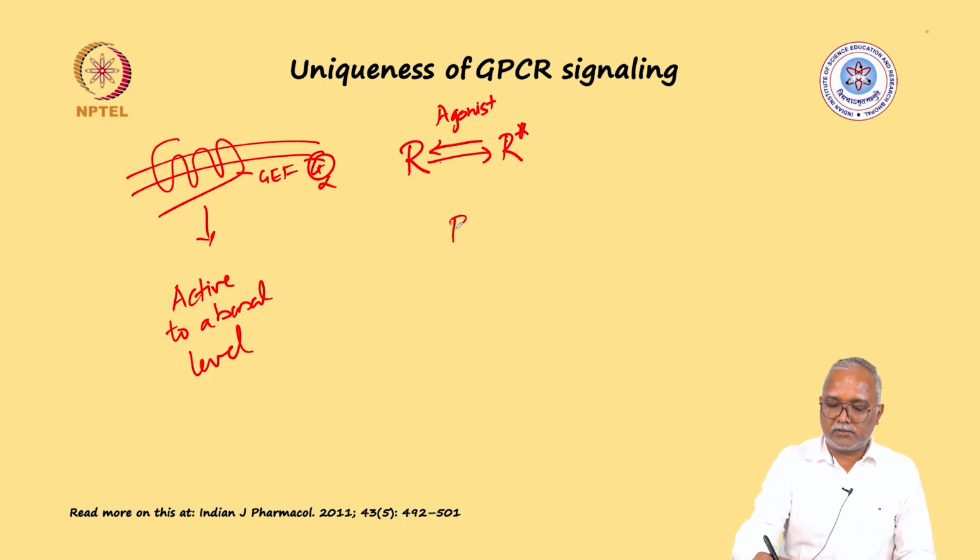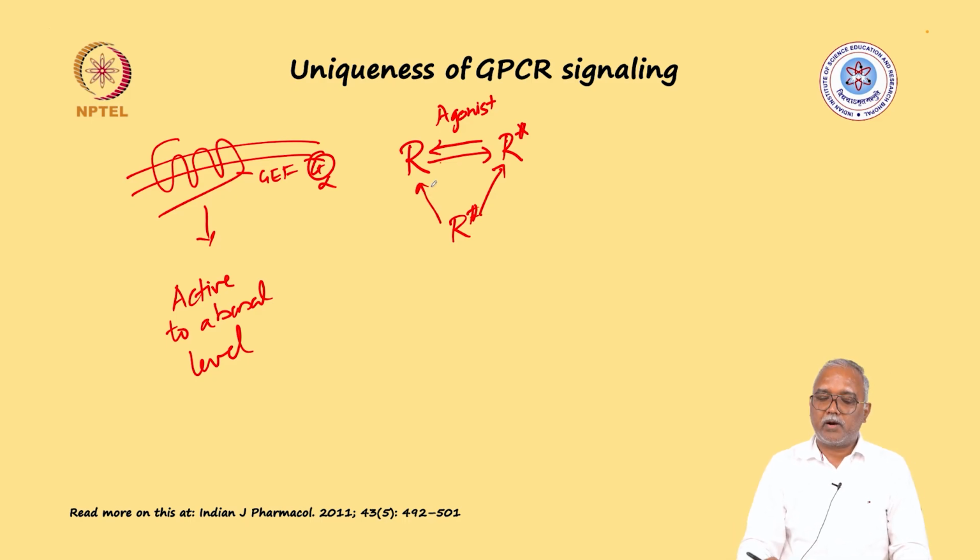Then there is this intermediate state, and from here the receptor can go to the complete active state or inactive state. We all understand that there will be some different molecules, agonist type only, which will be taking them into different configurations. So agonist and antagonist play a very important role in this way.